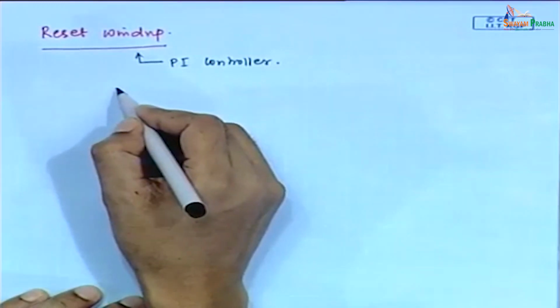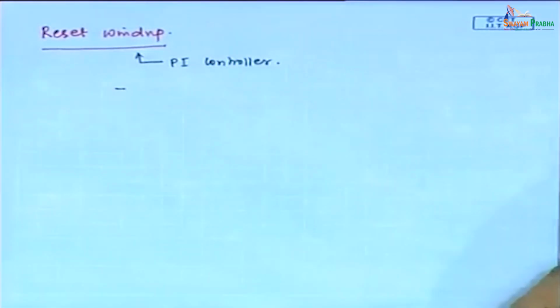Now, for PI controller, we know that as long as the error is present, the PI controller keeps changing its output by integrating the error. Fine.